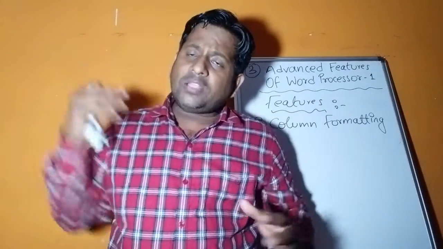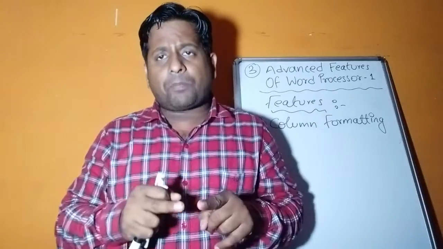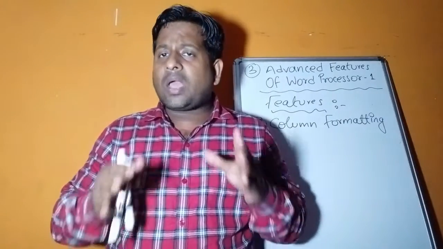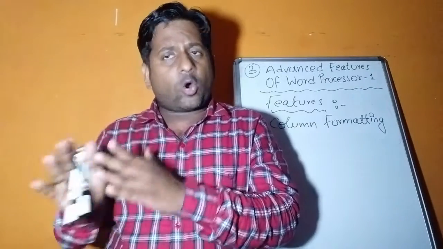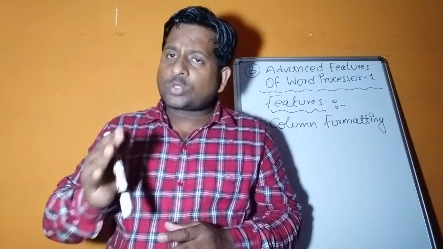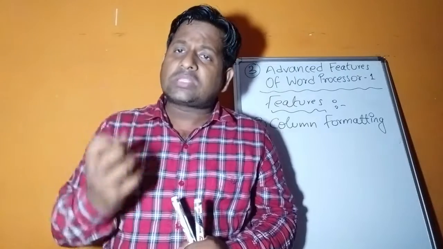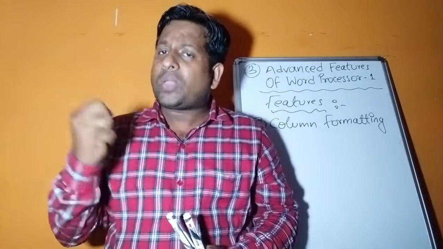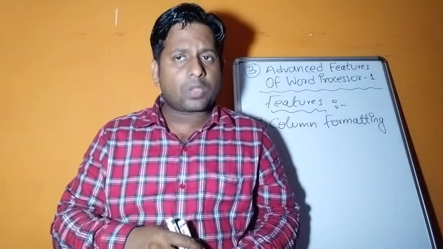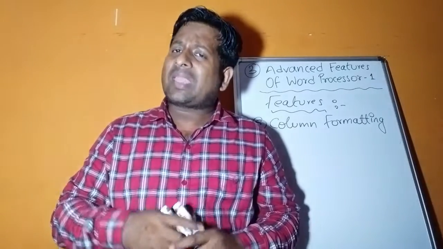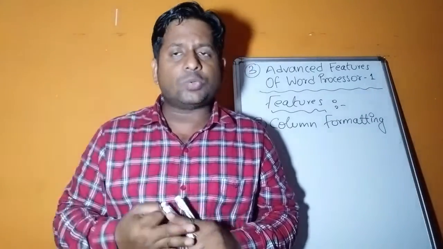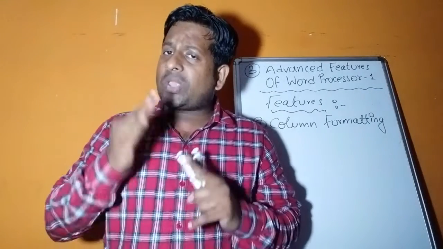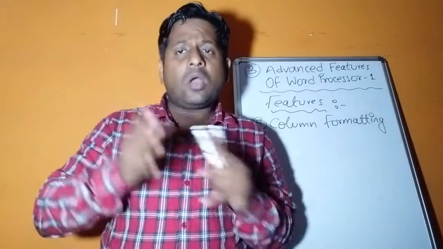We can apply column formatting on a page so that multiple texts can be adjusted accordingly. You can see how we can apply column formatting to the page. It can be one column, two columns, or three columns, and we can also place the column on the left or right side.